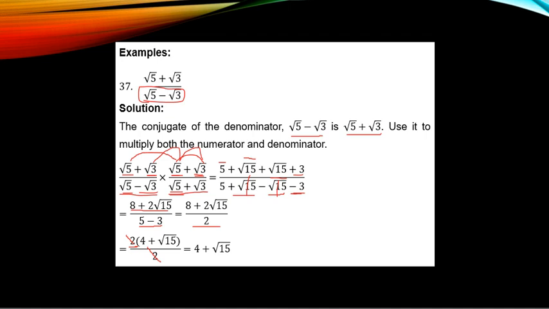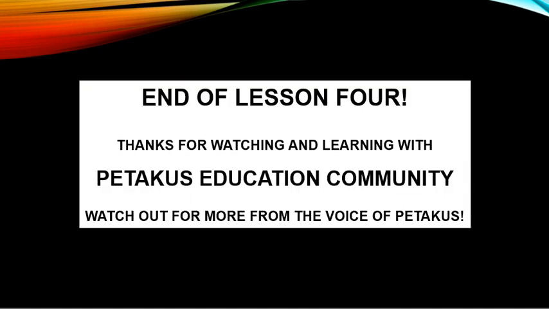So you now have a real number. It can be like this, or it can be in fractional form when there is no term that can remove the denominator. So this is how the conjugate is used to simplify complex surds. Okay, end of lesson 4.